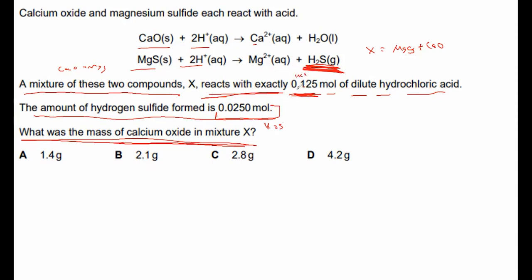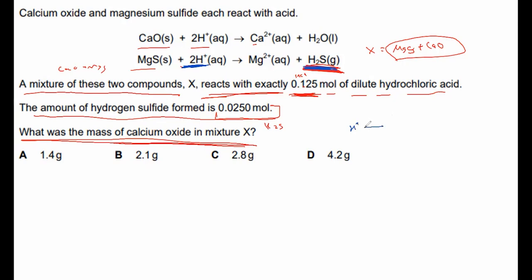This is the amount required to react with both MgS and CaO. Look guys, from the second equation, we see that 2 moles of H plus of the acid give us 1 mole of H2S, right?